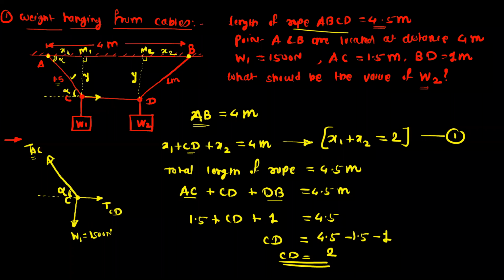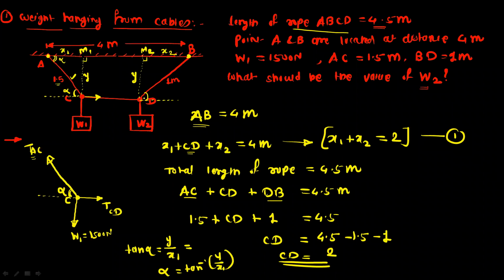We can use tan alpha, which is equal to opposite y and adjacent x1. So alpha is equal to tan inverse y upon x1.